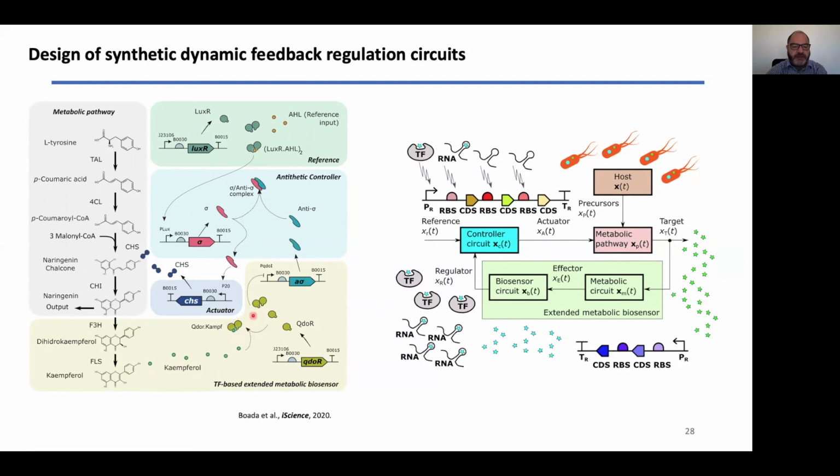In that way, we can regulate the levels of expression of a gene, which is CHS, the chalcone synthase. That is one step in the flavonoid production. So by detecting the level of this molecule, we can regulate the actual production that we are going to have. So it's like a feedback loop, as you can see in this schema.